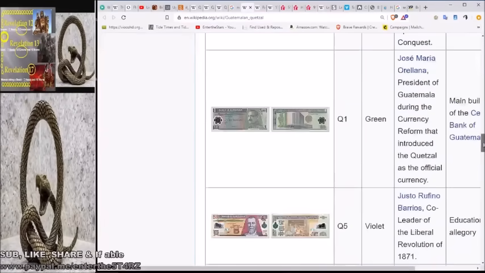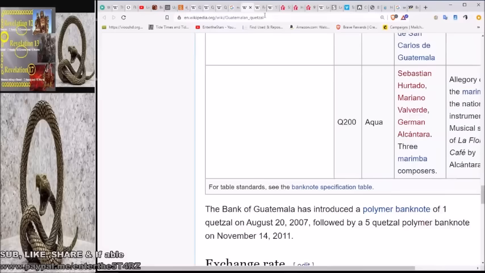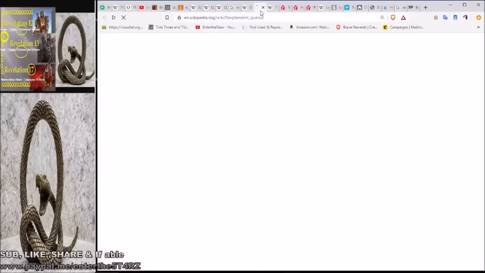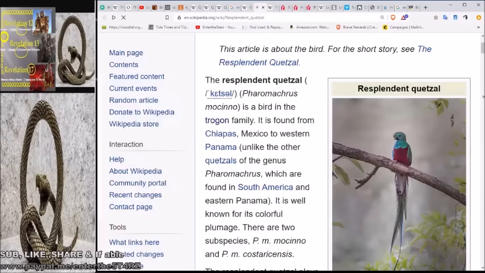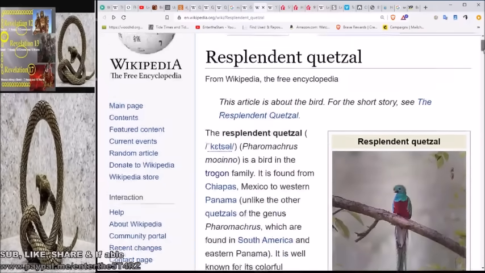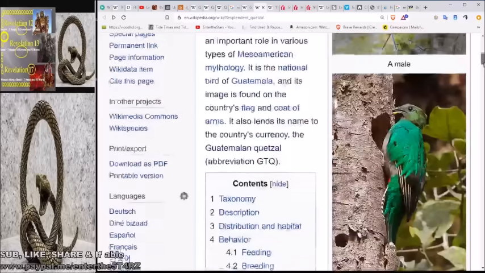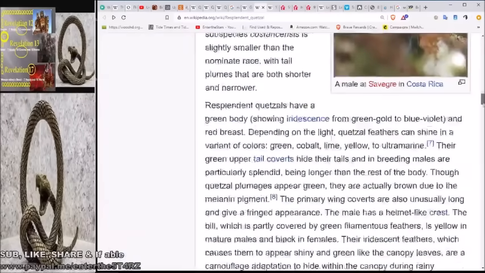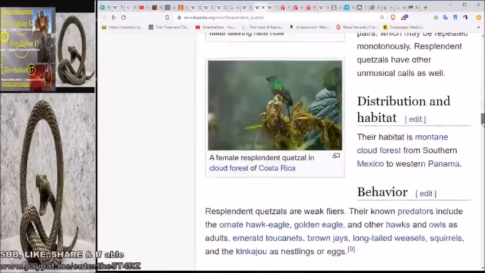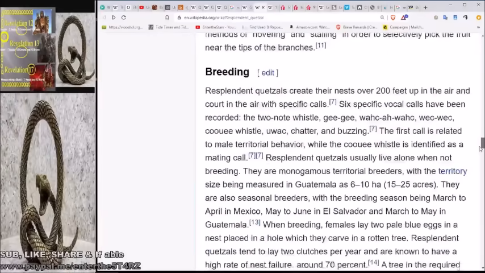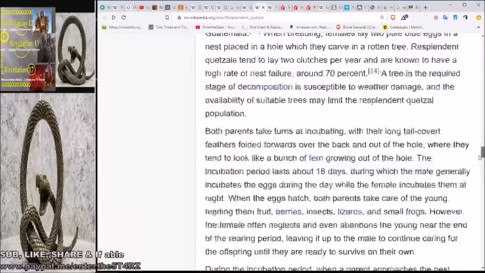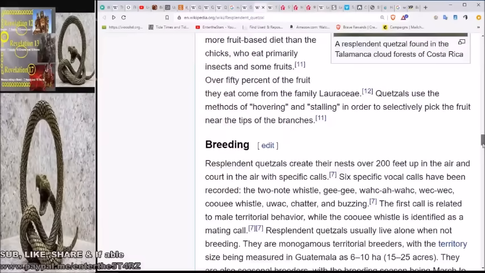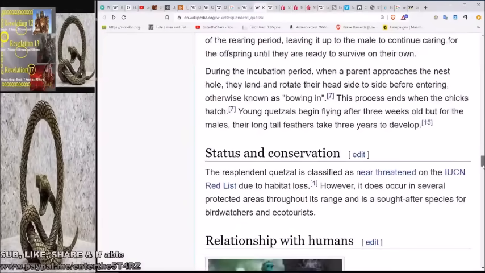Let me show you this here. This is the resplendent quetzal. Look at this bird. The colors on this bird. Now they talk about this down here, about the occult meaning behind this bird, and that its incubation period for the eggs is 666.